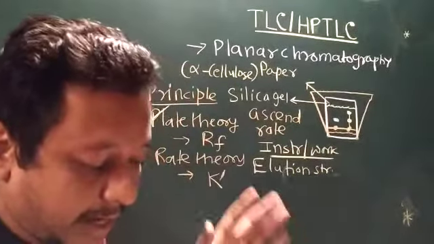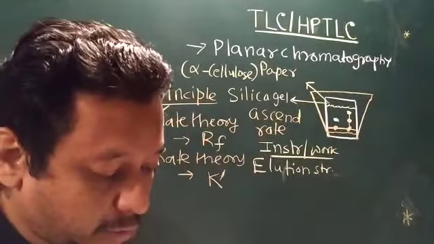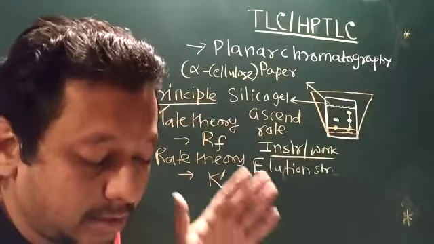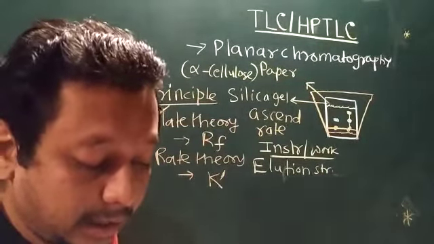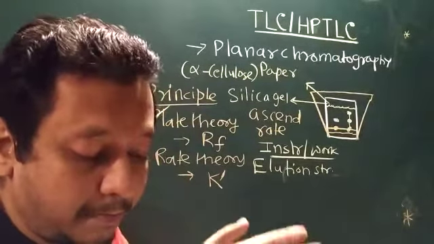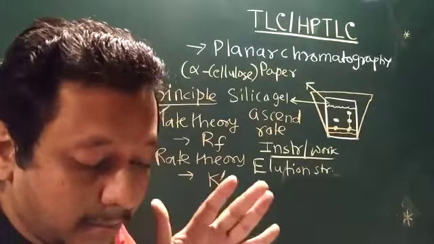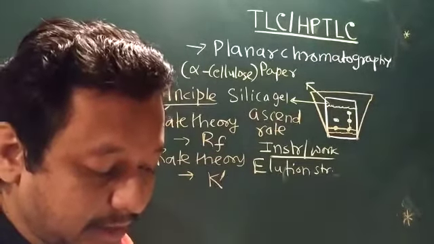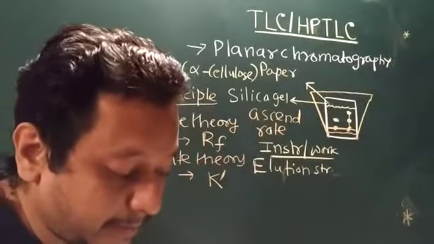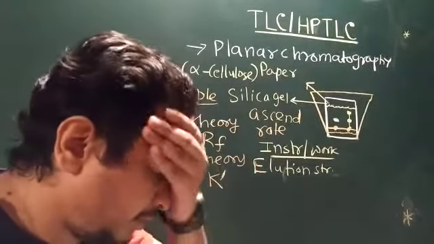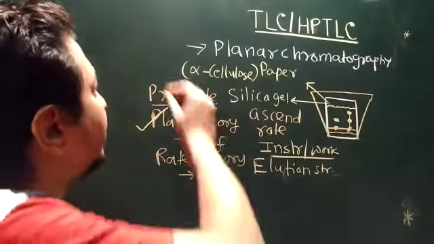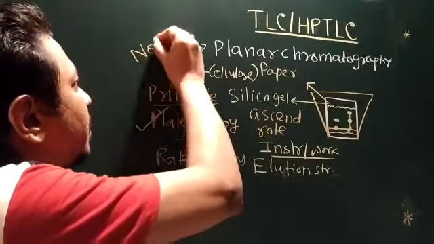You have hexane, then carbon tetrachloride, benzene, toluene, dichloromethane, diethyl ether, ethyl acetate, acetonitrile, acetone, N-butanol, water, methanol, acetic acid and formic acid. This is the elution strength of mobile phase.